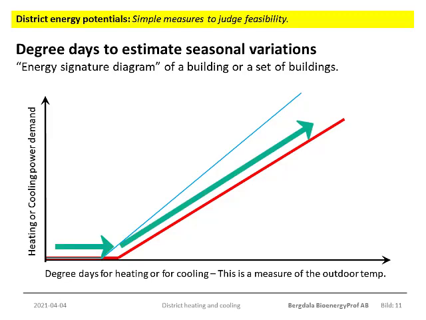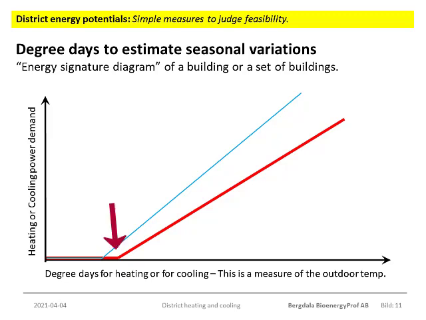In most cases these data will be nearly linear. There will be a set of 0 or near 0 cases when you need no heating at all or no cooling at all. And then there will be one limiting temperature below which you have to provide heating to maintain the proper indoor climate. And there will be another limiting temperature above which you have to provide cooling.